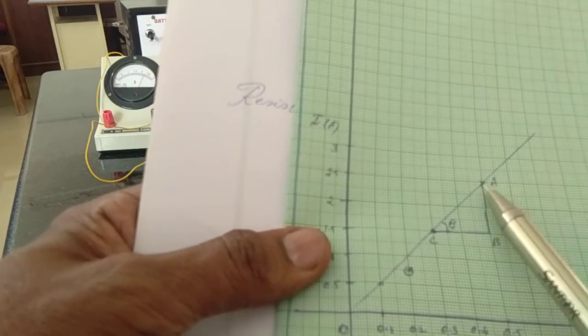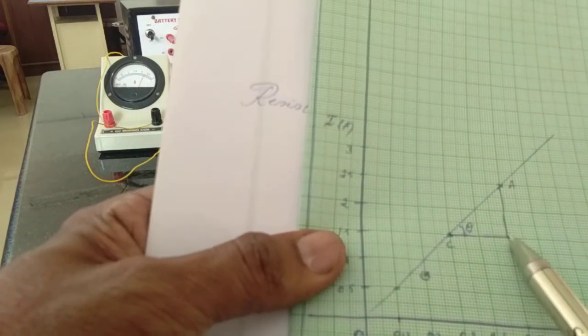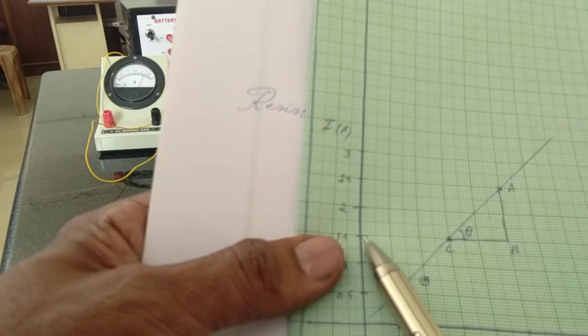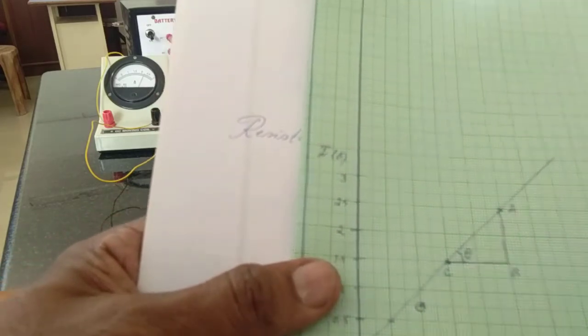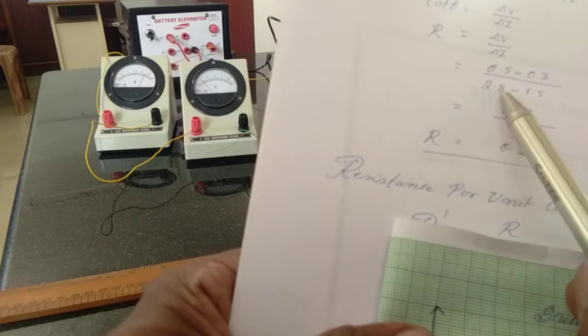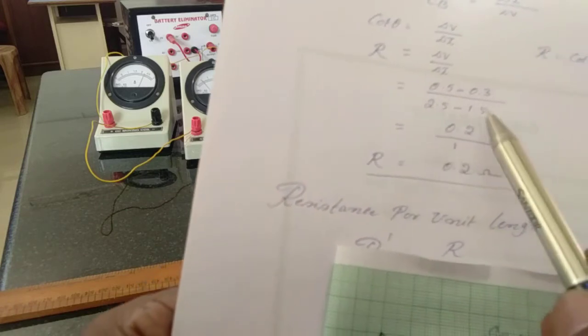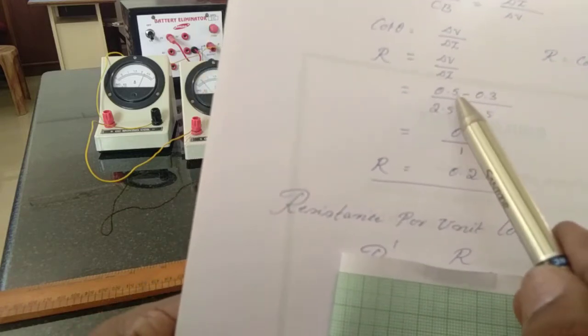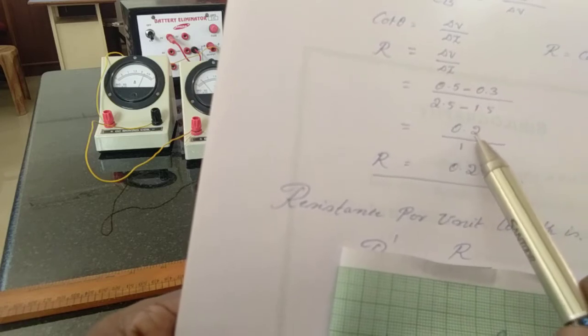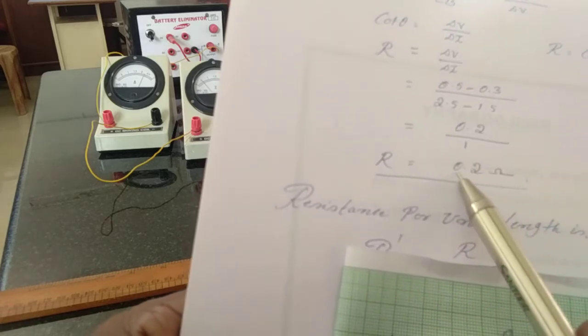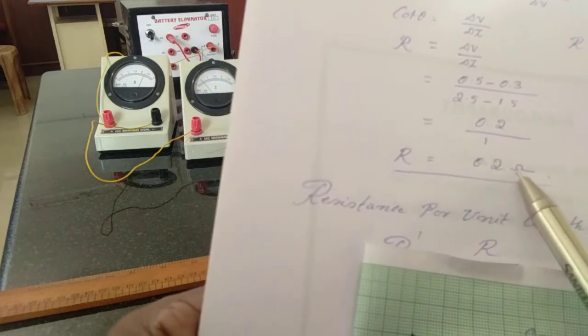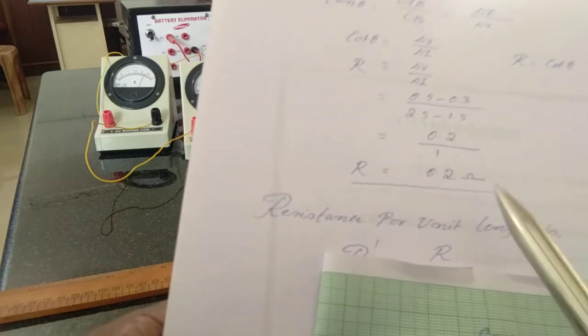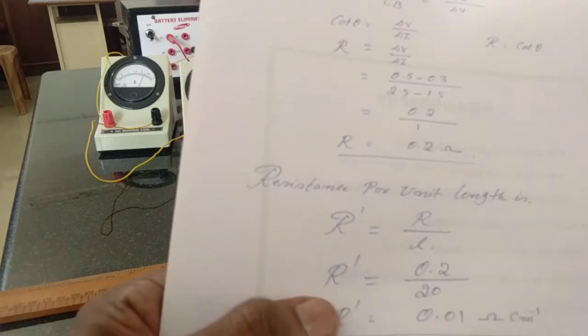So 2.5 minus 1.5. Therefore 0.5 minus 0.3 is 0.2, divided by 1, you will get R is 0.2 ohms.